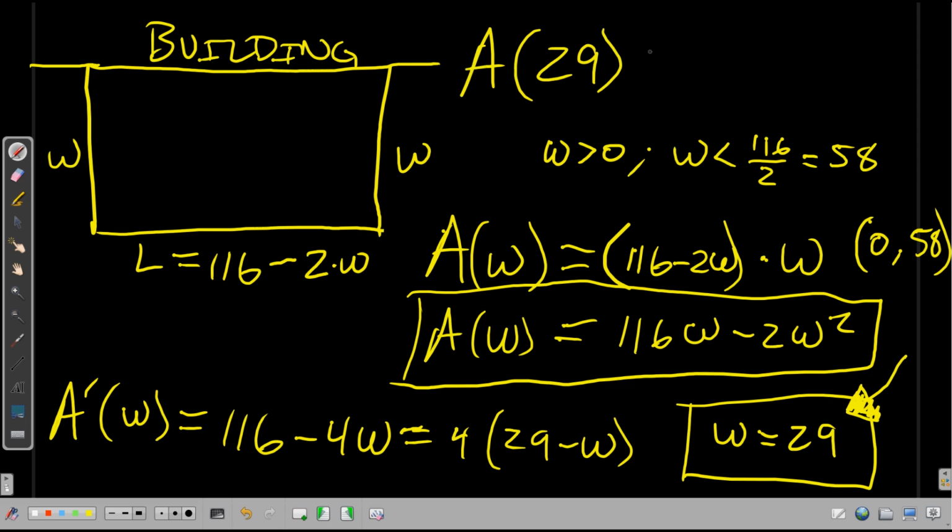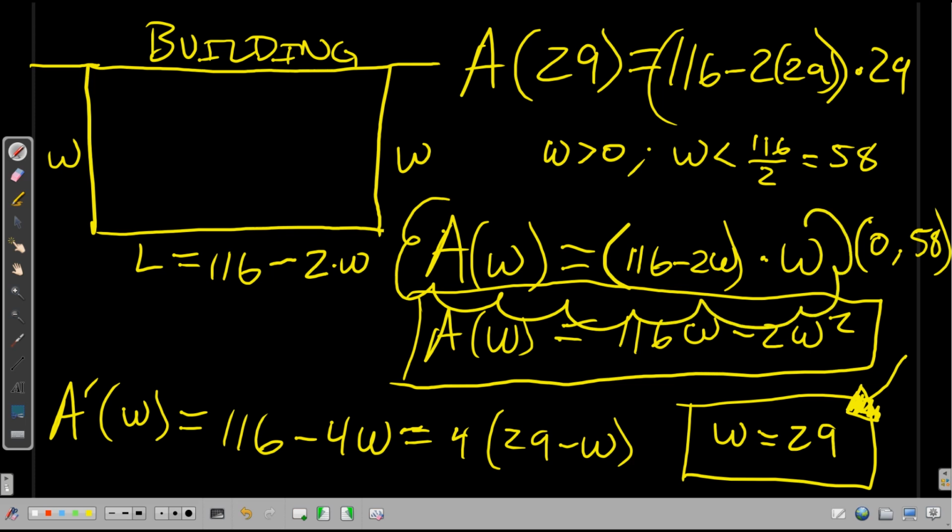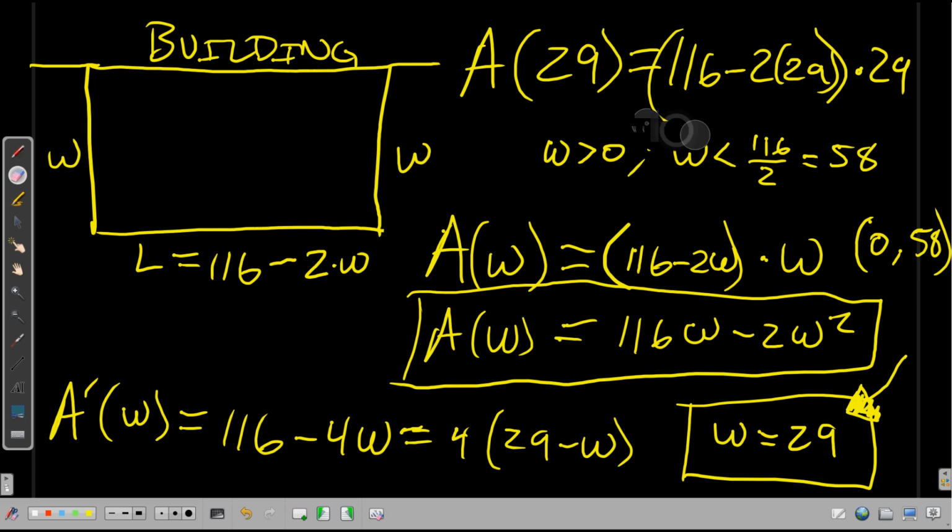maximum area. Well, that's going to be when the width is 29, so I'm going to have 116 minus 2 times 29 times 29. That's me using this version, just so I don't have to find 29 squared.